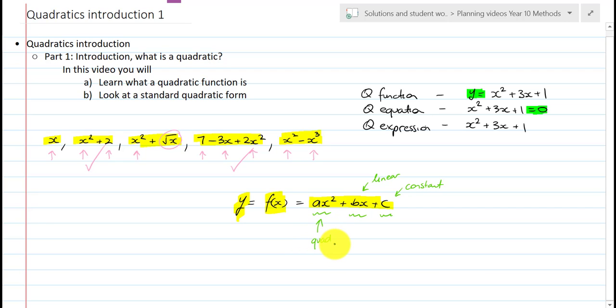And you can see that there, and we'll refer to those names. Now, a quadratic has to have a quadratic term, otherwise it's not a quadratic. But it doesn't have to have this linear or this constant. If either of those two are missing, or even if both of them are missing, it can still be a quadratic. So there you have a bit of an intro to quadratics, some of the language and some of the ideas.